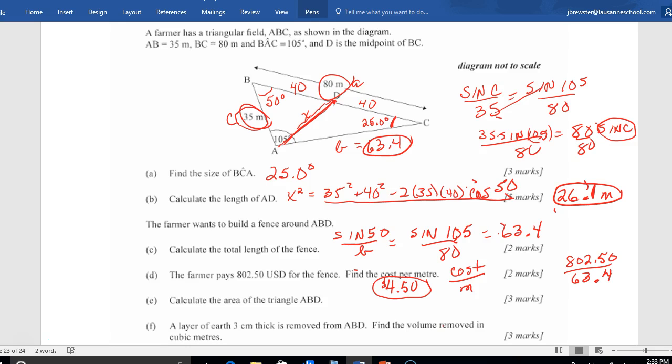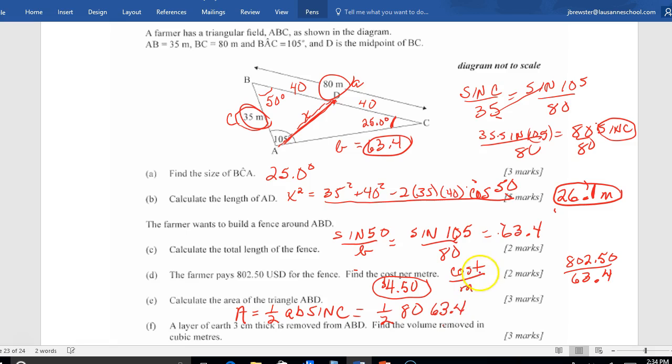Okay, moving right along, calculate the area of triangle ABD. Well, you can use the area formula. It's looking a little messy up there now, but the area formula is, from your formula packet, 1/2 ab sine C. We've got all that information. This is plug and chug. Just put it in: 1/2 of a. What's a? a is 80. b is 63.4.